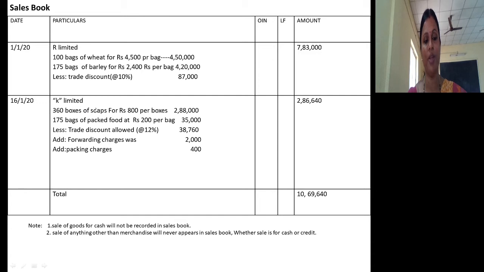For K Limited, whatever you sold, 2,88,000 plus 35,000, less trade discount of 12% on the total of 2,88,000 plus 35,000. Then forwarding charges must be added, because the customer has to bear them, and packing charges must also be added. So the net amount payable is 2,86,640, and the total is 10,69,640. When we post entries from the sales book to the ledger accounts, you have to prepare the R Limited account, the K Limited account and the sales account.